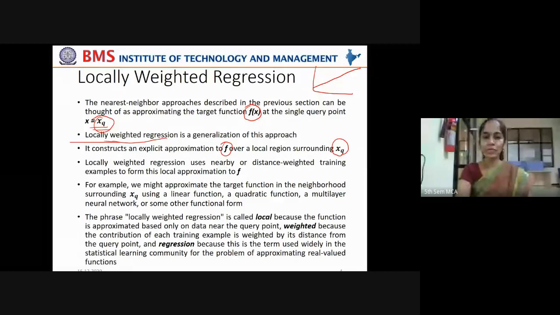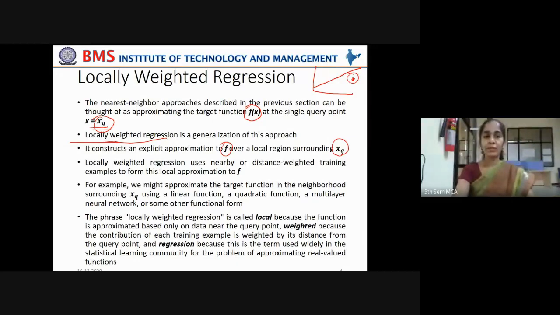Okay, so it constructs an explicit approximation to F for the local region surrounding this XQ. You take a data point, and only locally is it considered. The local region or the similarities around that particular region is considered, so the approximation is done only around that local region.